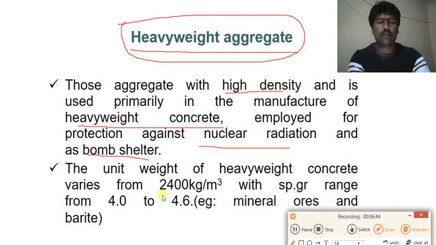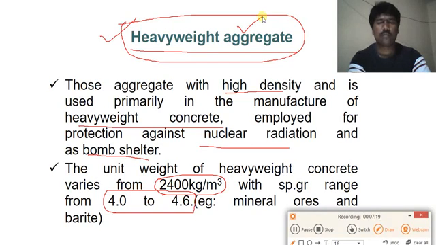If you consider the unit weight of heavyweight concrete, which varies from 2400 kg per meter cube. This is normally the unit weight of normal concrete. So the unit weight of this heavyweight concrete will be beyond this value, beyond 2400 kg per meter cube. And if you see the specific gravity of this type of concrete, it varies from 4 to 4.6, which is very high. So if you consider normal aggregates, if you take a fine aggregate, for example sand, it is of specific gravity 2.6.